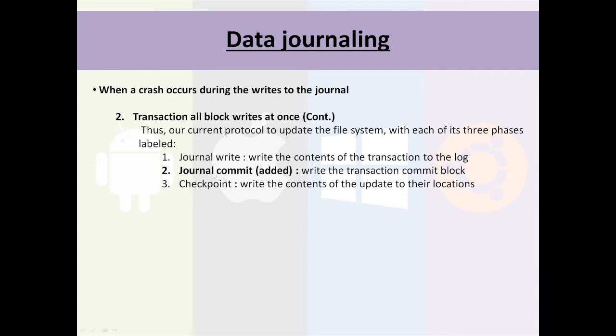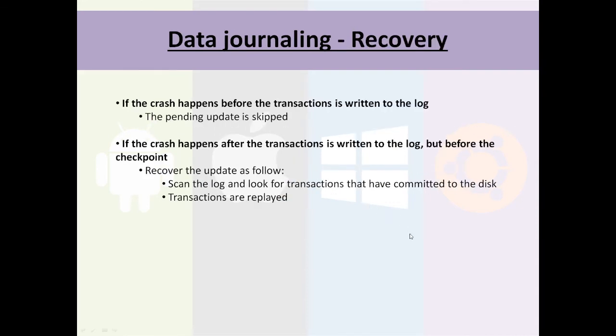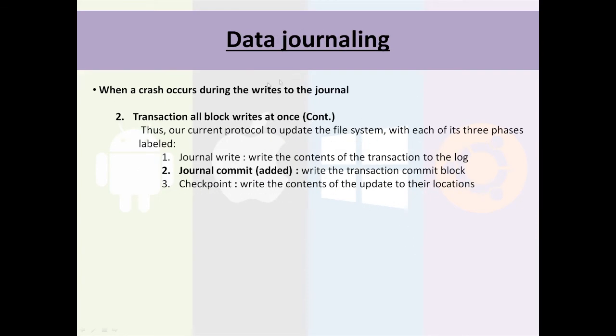Then we do a journal commit, which is we write the transaction commit block, and we perform the journal writing where we do the first 4 blocks, and after that succeeds, then we do the exit or the end. And then we checkpoint, so we write the contents of the updates to their actual physical disk locations. Cool. So that was data journaling and how to actually write data using this journaling approach.